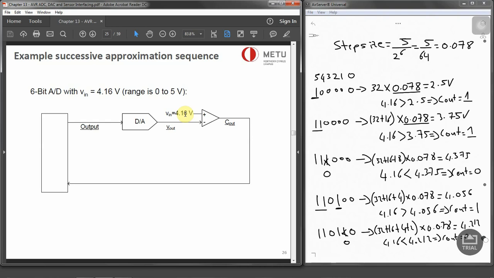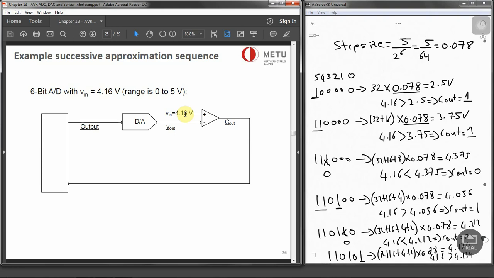And the last one, 110101, and that is going to be 32 plus 16 plus 4 plus 1 times 0.078, which is equivalent to 4.134. Again, 4.16 is greater than 4.134, so C out is going to be 1 as well.